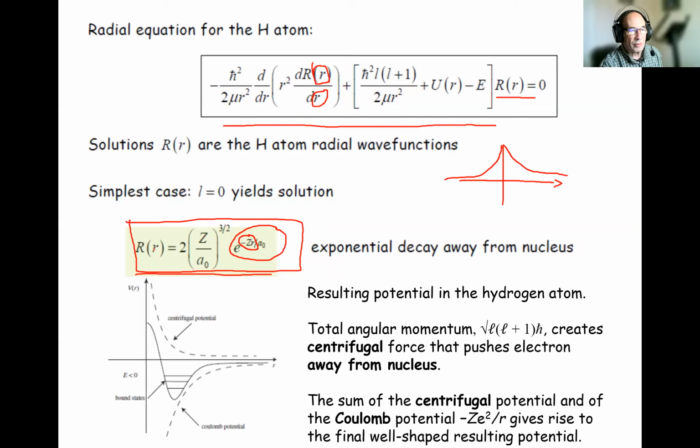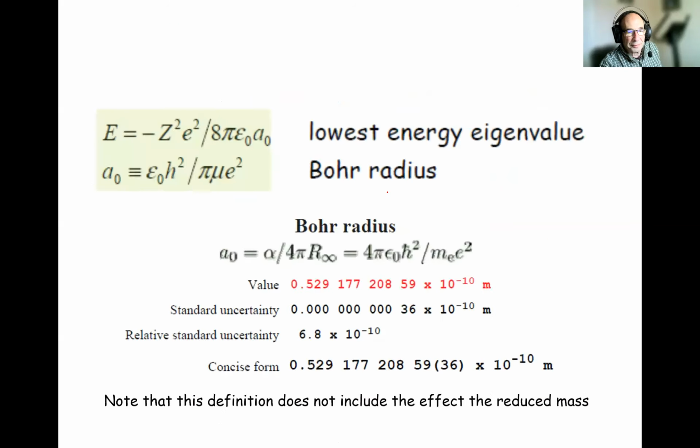And so that solution, for example, for the ground state looks like that. It is more complex for excited states. So the lowest energy eigenvalue, as many of you know, for the hydrogen atom has this value. And this determines the shape of the wave function.